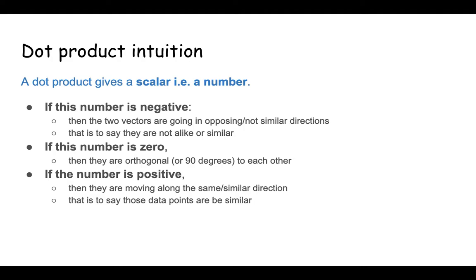So those data points should not be grouped together. And if they are moving in the same direction, the dot product, which is again a scalar number as we saw earlier, is positive, and hence we could possibly group them together as in one group.